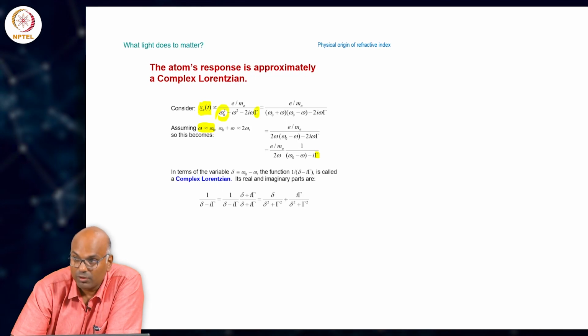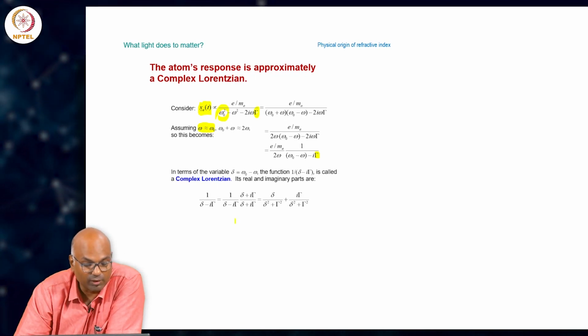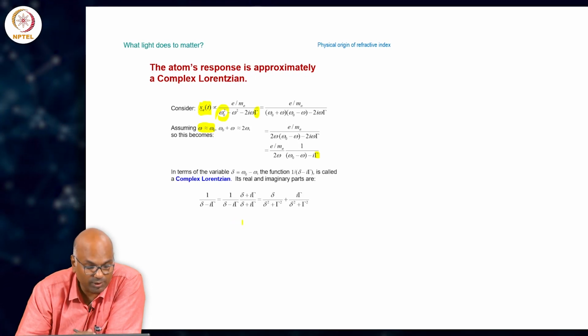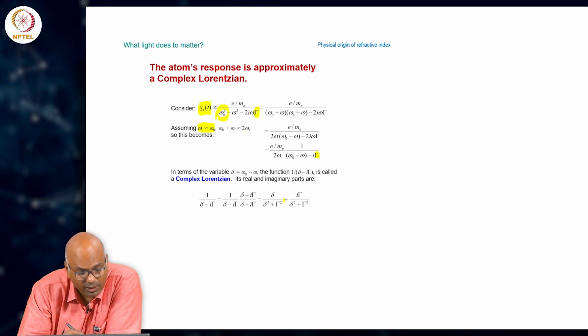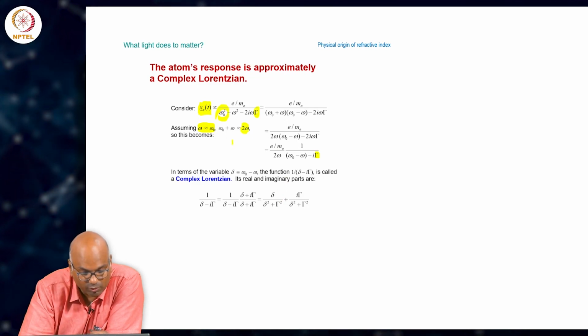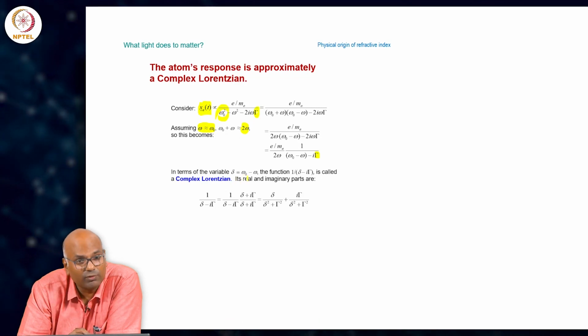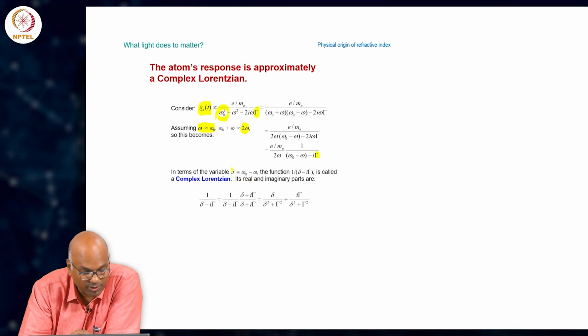Okay. So, it is a very reasonable assumption to make that omega and omega naught are pretty close to each other, in which case omega plus omega naught can be approximated to twice omega, but we should not force omega minus omega naught to 0.